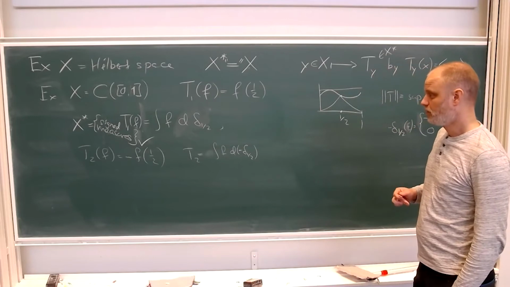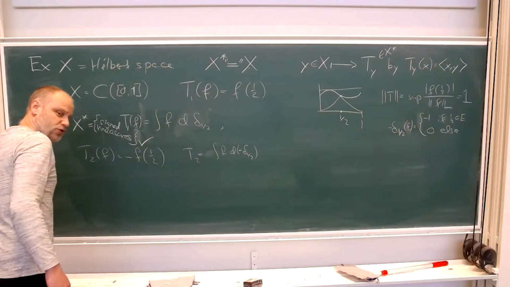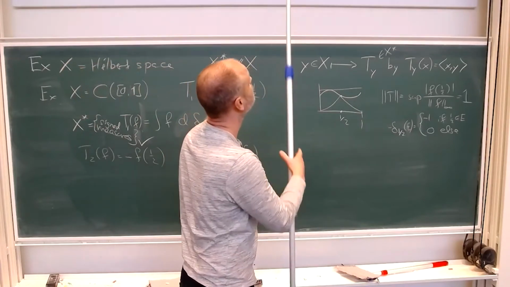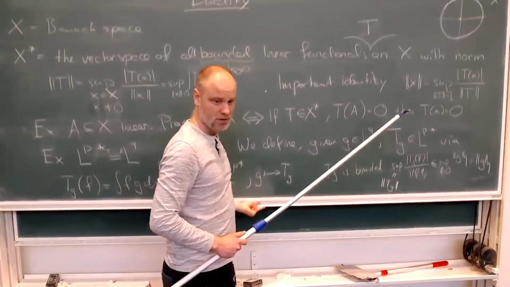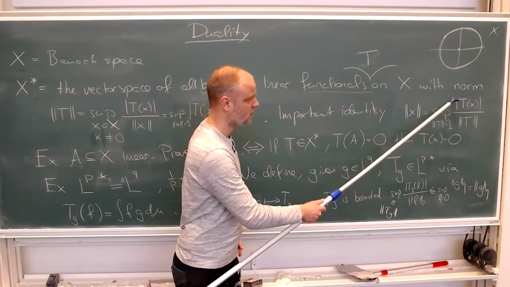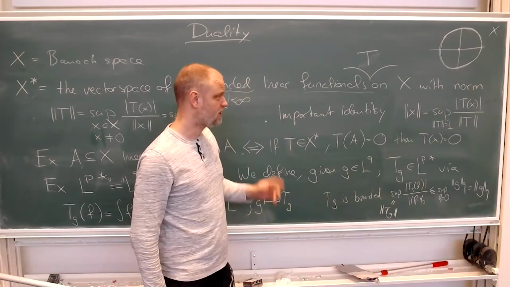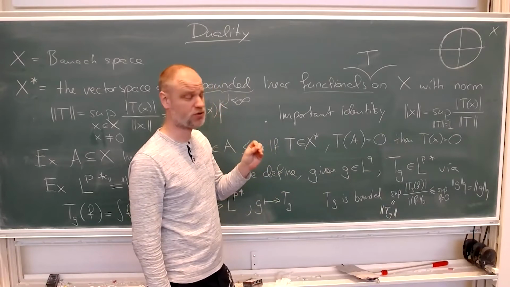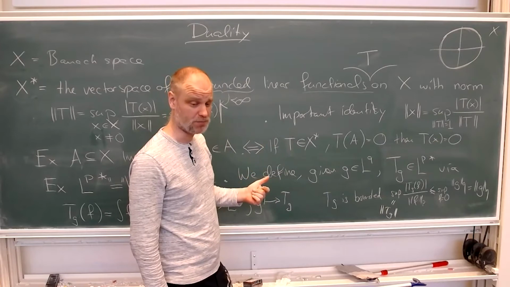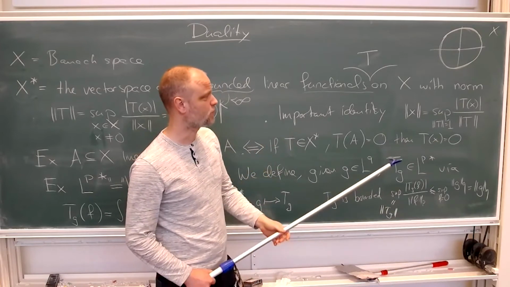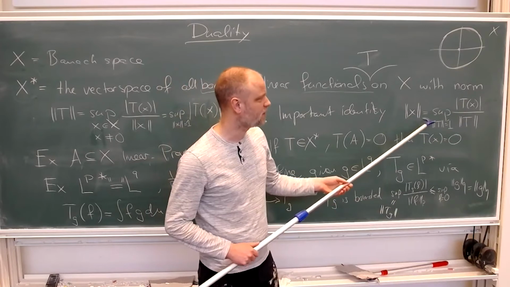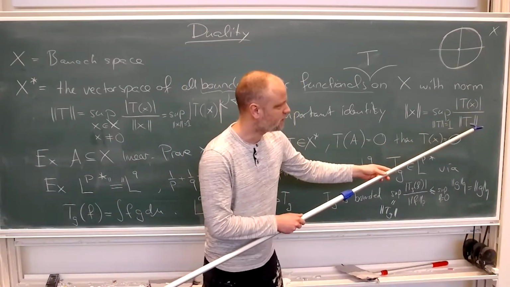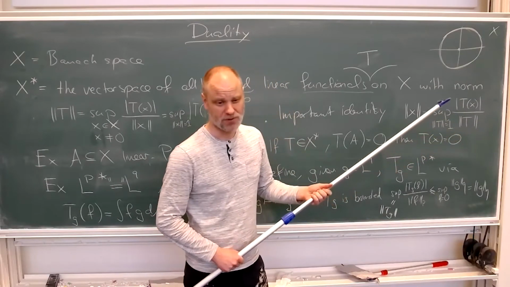Okay, so maybe I should just mention, we now put a lot of emphasis on this identity here. I didn't prove it, because it's a difficult result. It's one of the key cornerstones of functional analysis called Hahn-Banach theory, which basically says that you can always find one bounded linear functional such that this value here is equal to the norm of the linear functional.